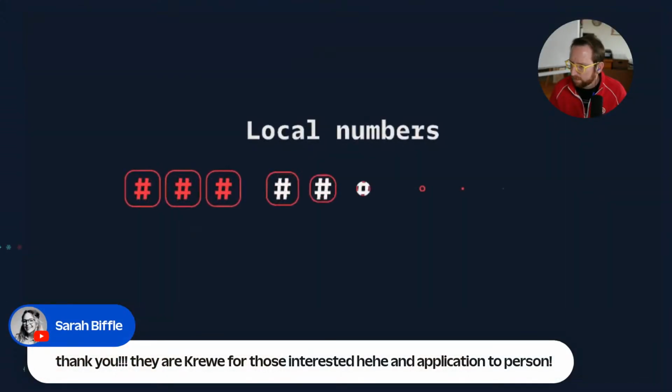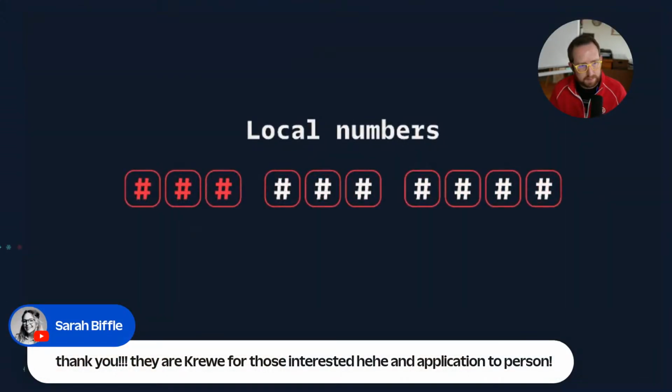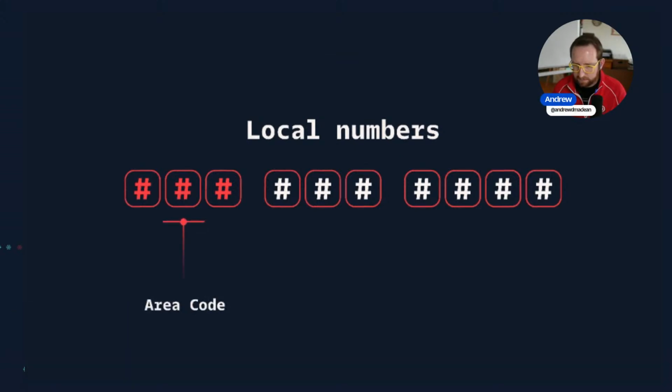These numbers are similar to the ones that we use every day for our cell phones or landlines, no matter where you live in the world. Complete with an area code and 7 digits.